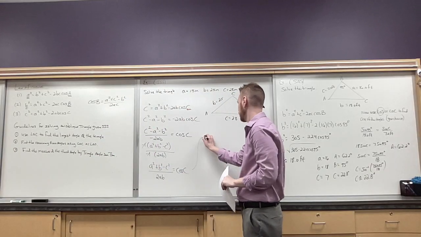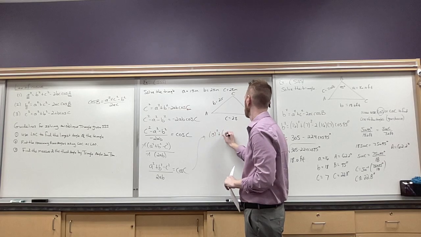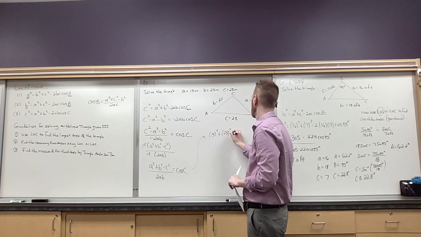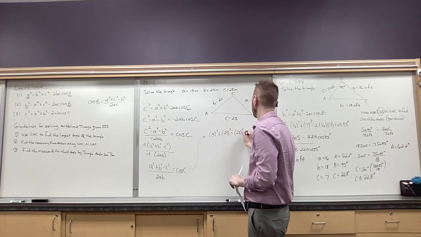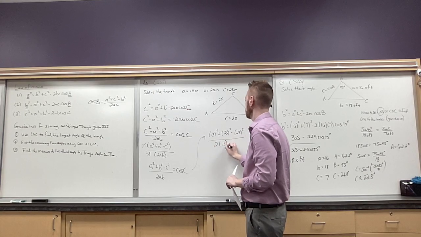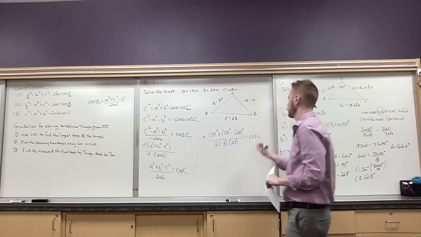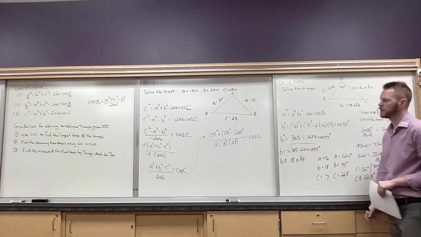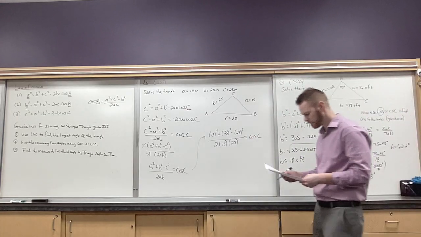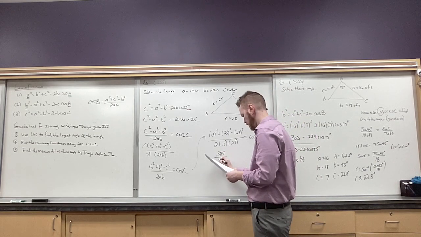So here we go. I'll put it up here. A was 15 squared. B is 25 squared. C is 28 squared, over 2 times 15 times 25. All right, so there it is. You're going to type that in your calculator, right? And again, I like to leave myself a little trail.